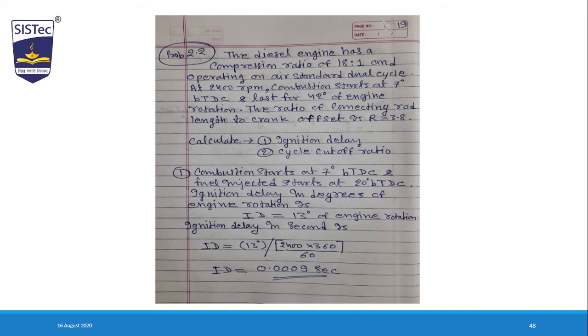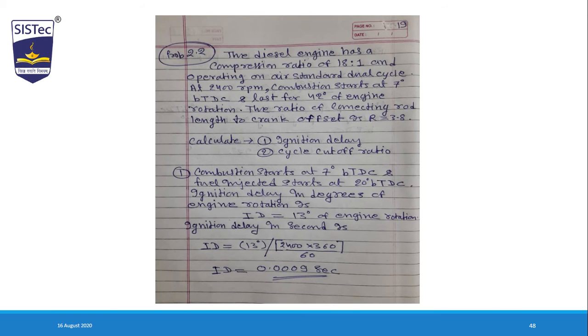Now we are solving another problem. The diesel engine has a compression ratio of 18:1 and operates on an air standard dual cycle at 2400 rpm. The combustion starts at 7 degrees before the top dead center and lasts for 42 degrees of engine rotation.